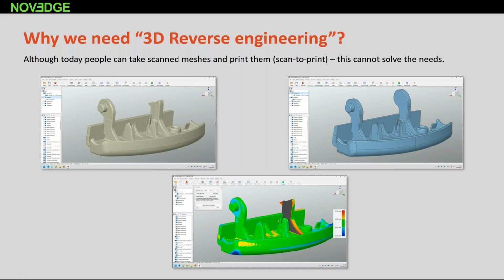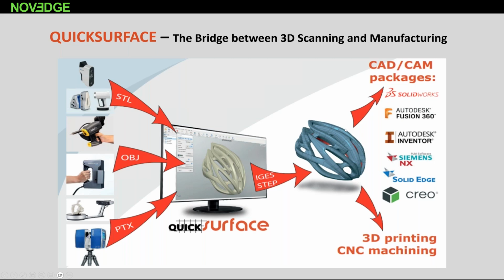So speaking of all this, where we position our product, our major product is called QUICKSURFACE. It's actually this bridge which creates a CAD model from scan data. We work with any scanner manufacturer that can generate an STL mesh.